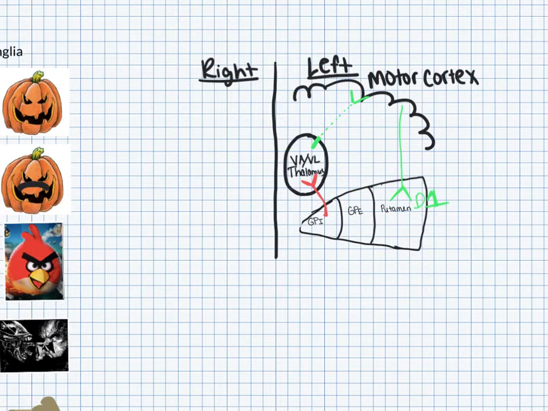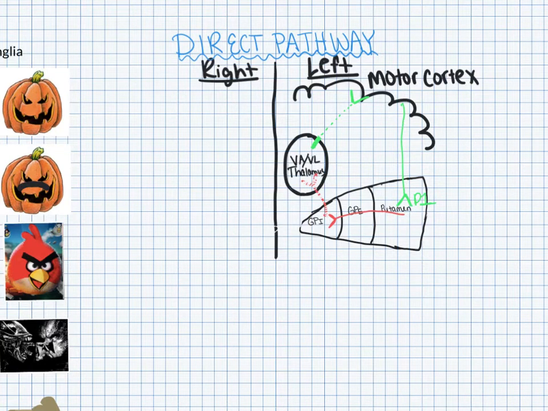Then these striatal neurons will project to the GPI, which will inhibit the GPI. And when you inhibit the GPI, you take away some of the GPI's inhibition to the thalamus, which allows the thalamus to excite the cortex, which allows for movement on the opposite side of the body, because the corticospinal fibers will go down and decussate in the medulla.